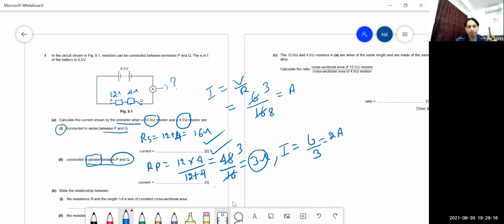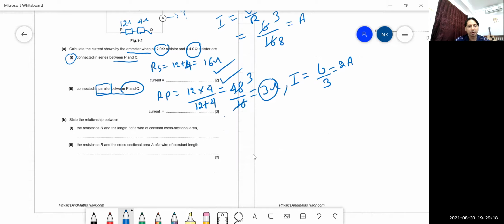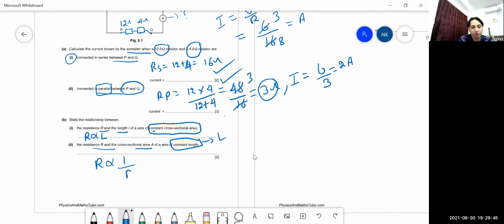And then the next one, B part: state the relation between R and length of a wire if area of cross section is constant. What is the relation? Simple. We know R is directly proportional to the length. In the other case, if the resistance R and area A, when length is constant, I can write R is inversely proportional to area.